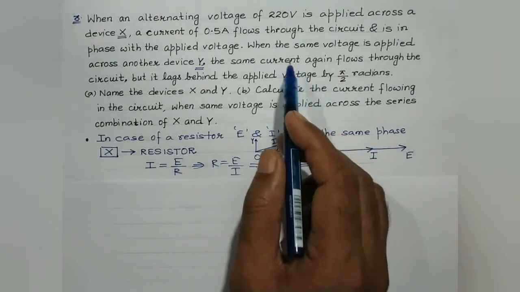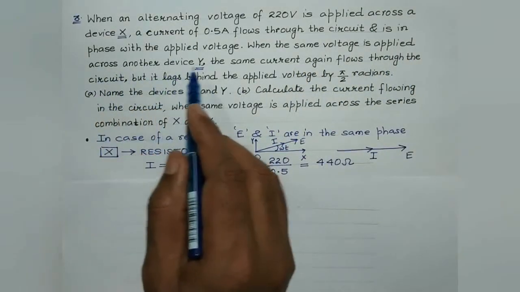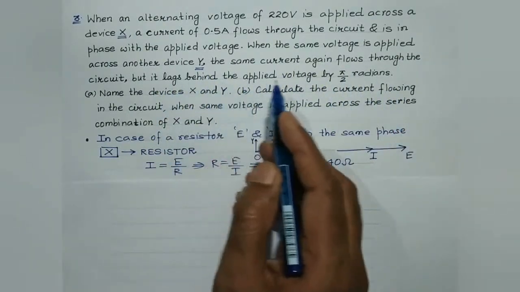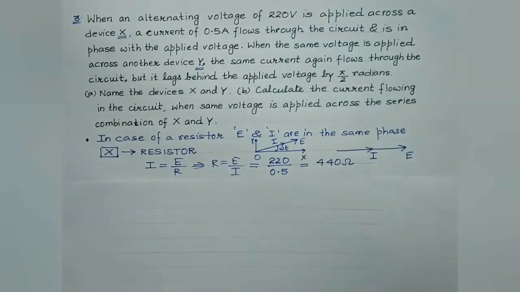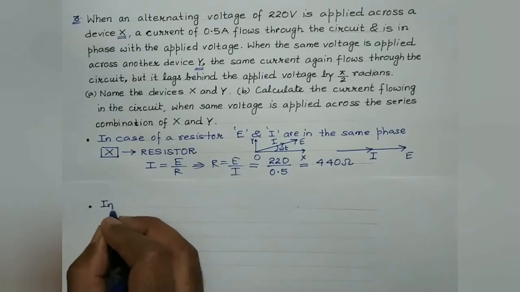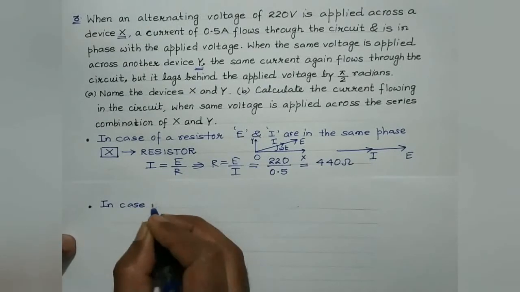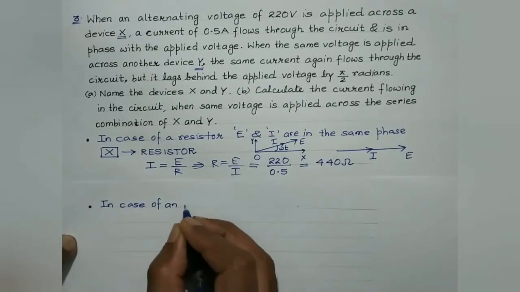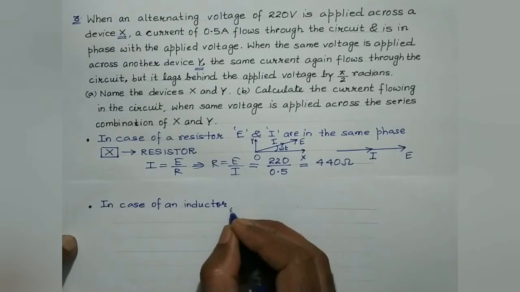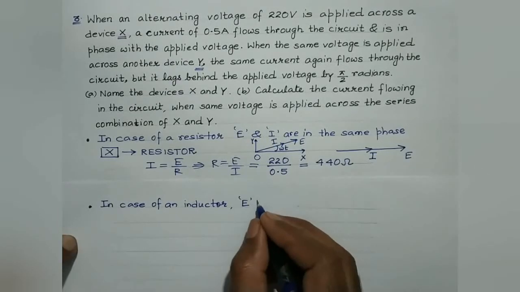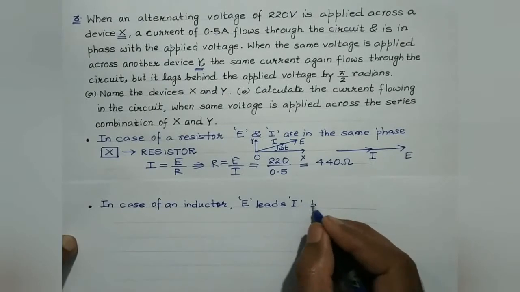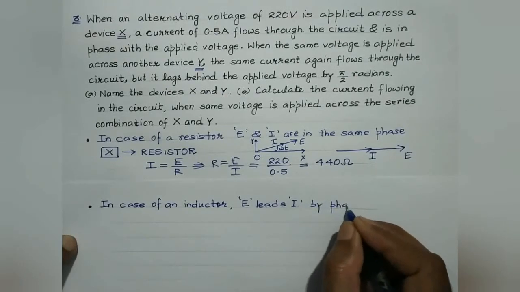So now let's consider the other case. It is given that when the same voltage is applied across another device Y, the same current again flows through the circuit, but it lags behind the applied voltage by pi by 2 radians. Now students, we are already aware that in case of an inductor, EMF E leads the current by phase angle of pi by 2.